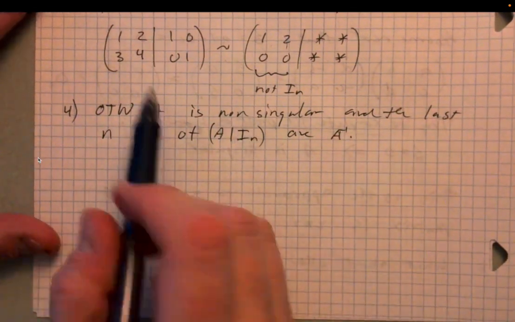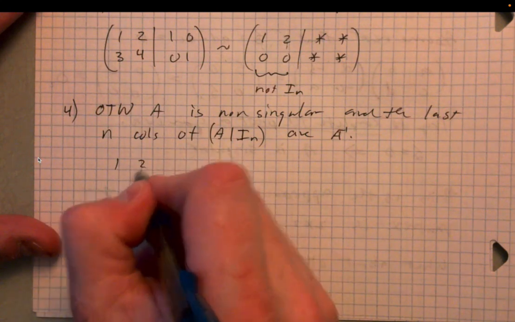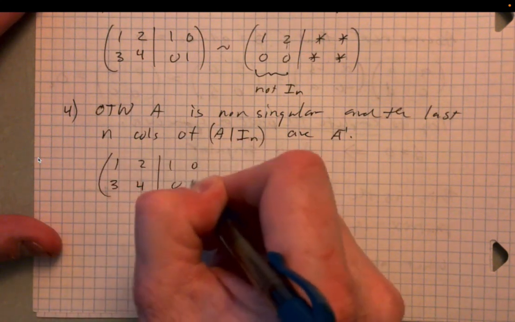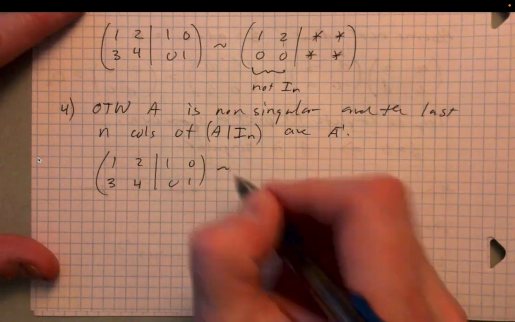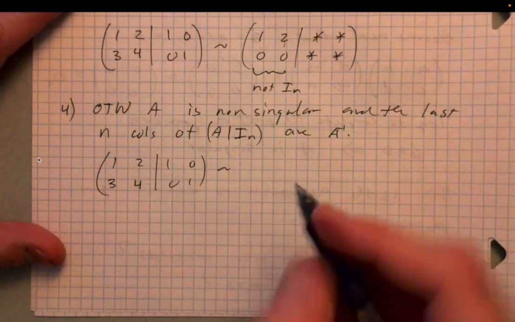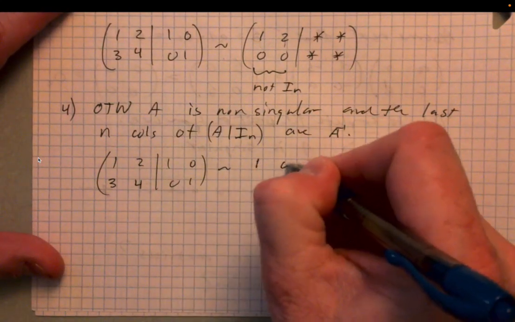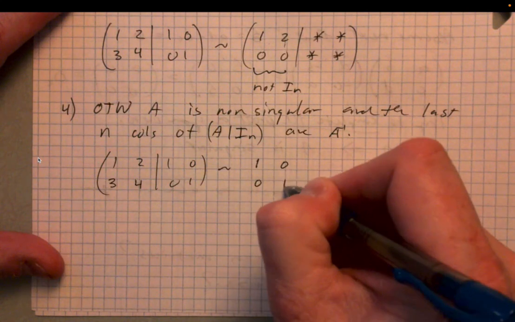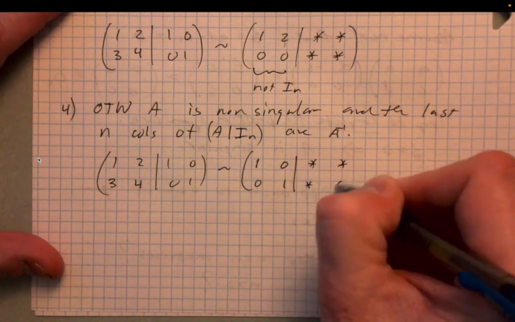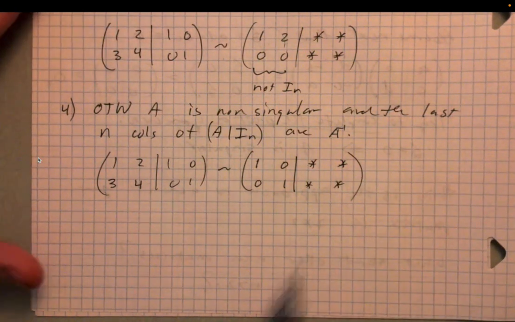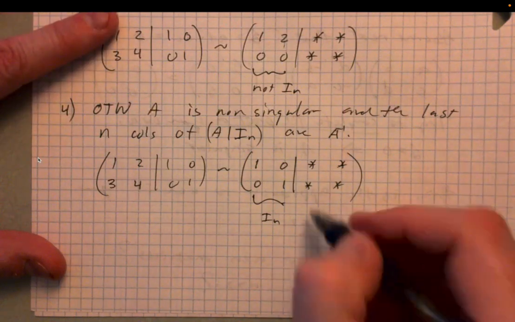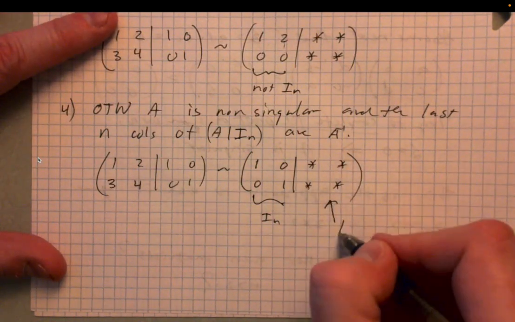On the other hand, if you start with 1, 2, 3, 4, and then 1, 0, 0, 1, and you do Gauss-Jordan elimination, or row reduction, on this, and you get to this form, 1, 0, 0, 1, and then something, something, something, something. If you can get it into this form, where this is equal to I_N, then this guy over here is the inverse.